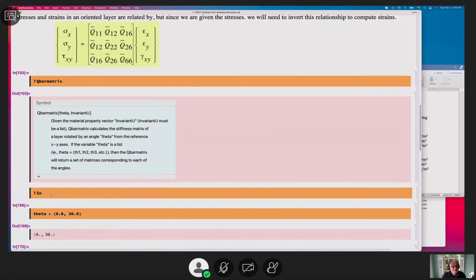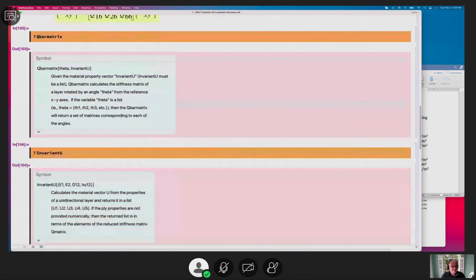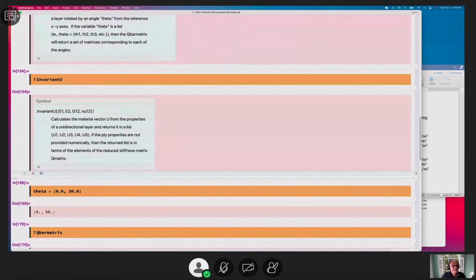So let me type in invariant U. Finally, it came out. It takes E1, E2, G12, and provides the U1 through U5.